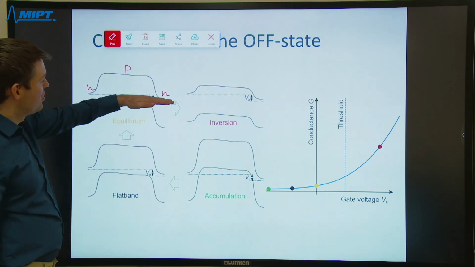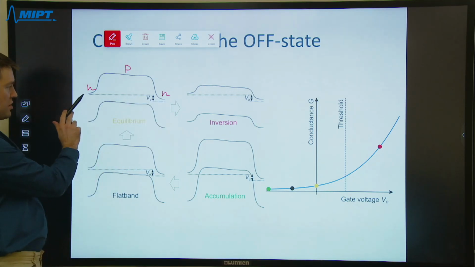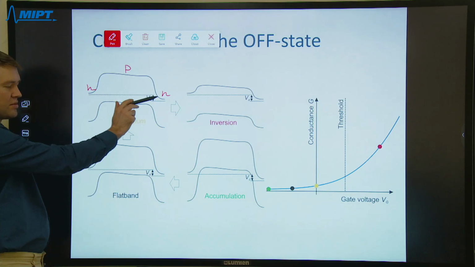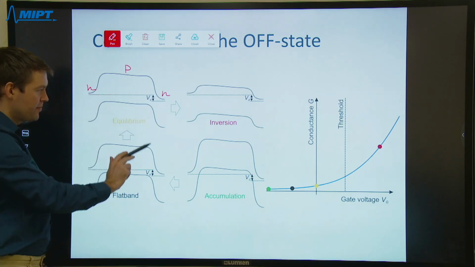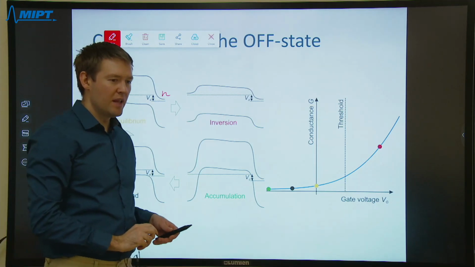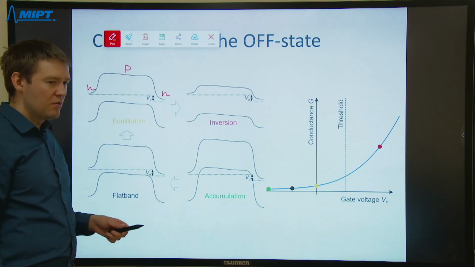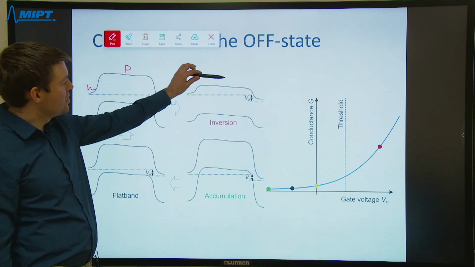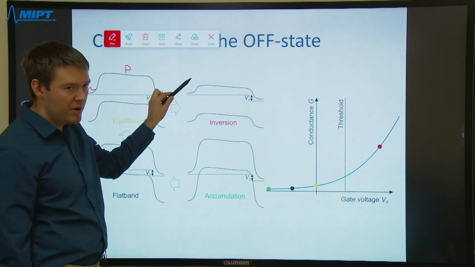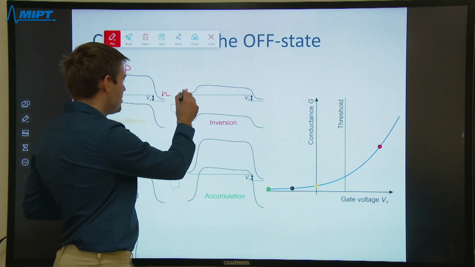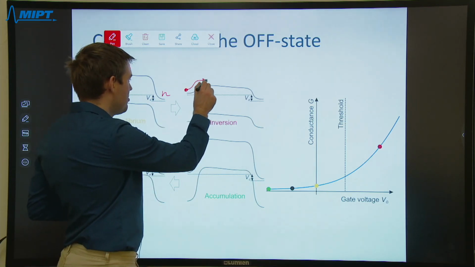When we apply a small drain bias, the electrons would like to go from source to drain, but they see a large barrier at the PN junction. When we apply positive gate voltage, we make an inversion layer, we enrich the channel with electrons and reduce the height of the barrier so that a larger number of carriers can jump over it.